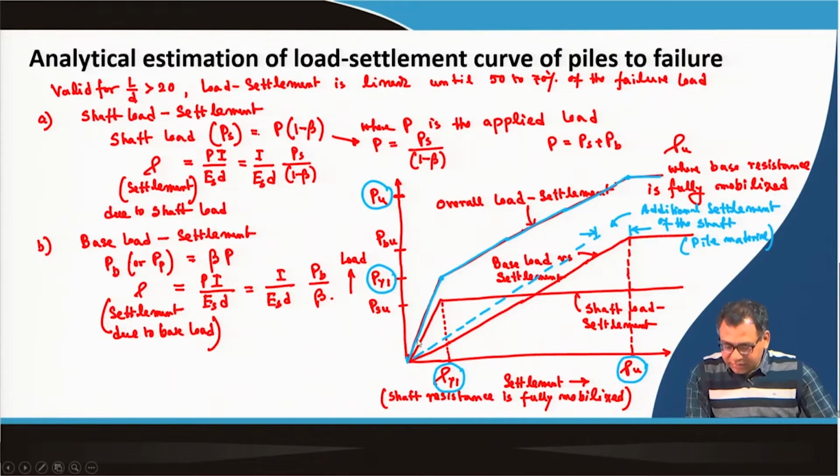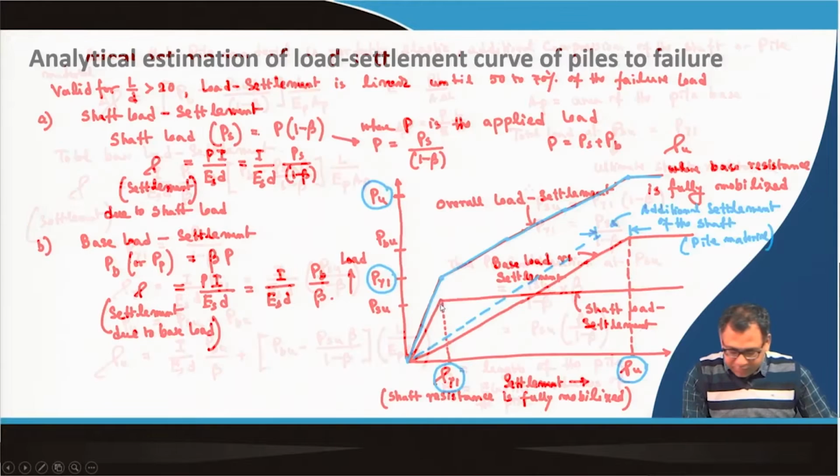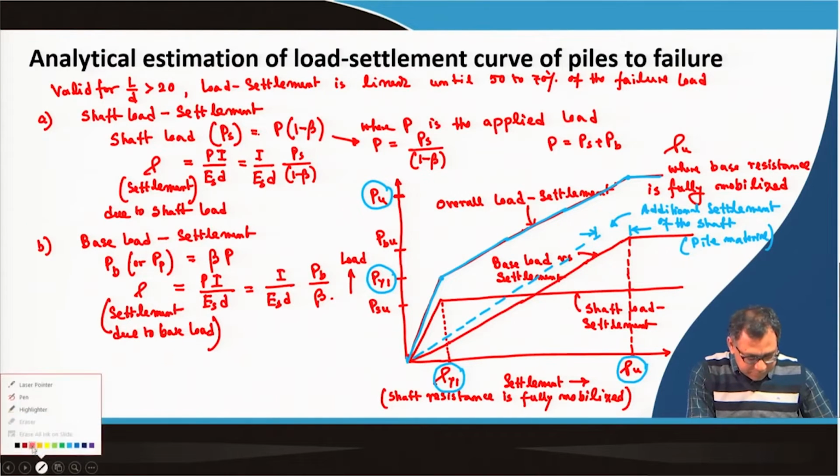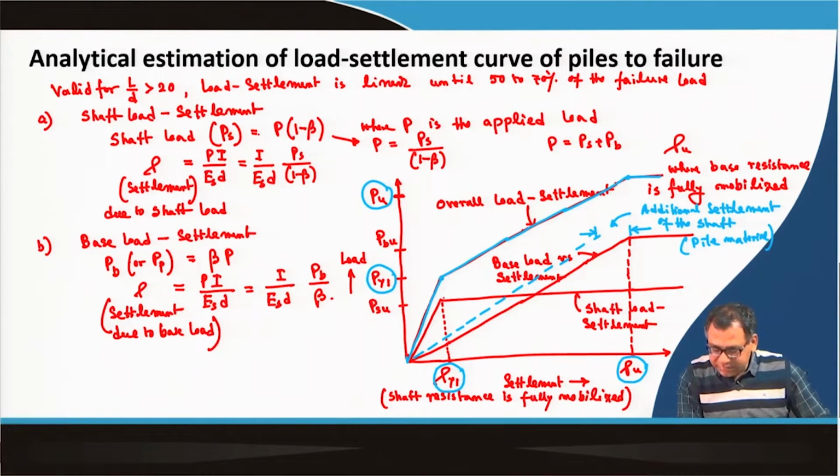So, this curve is for the friction resistance, or shaft load, versus settlement. This red curve is for the tip resistance versus settlement, and this blue curve is the overall load settlement behavior, that means the shaft load plus tip load versus settlement.